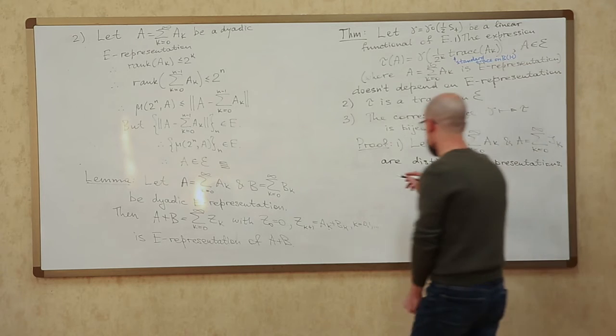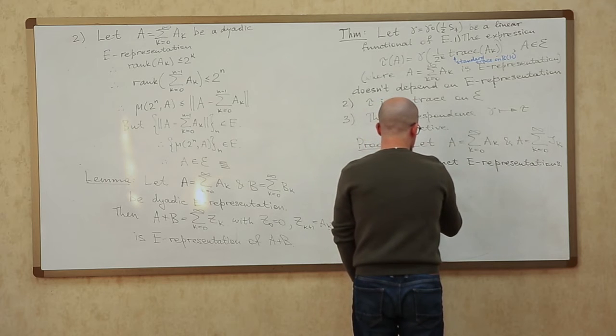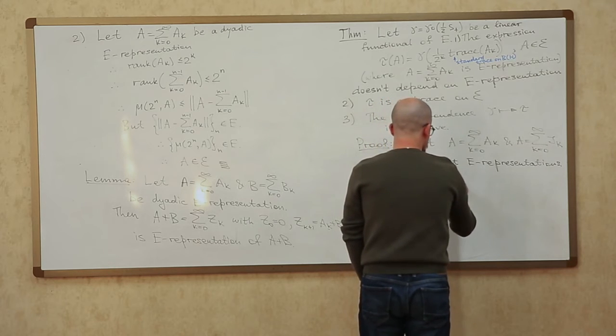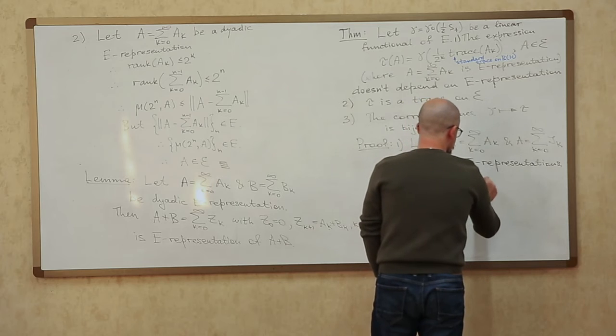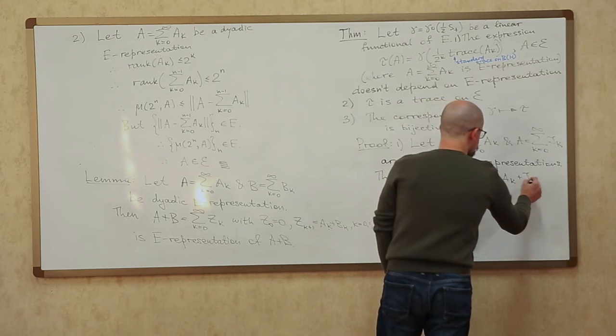Then set Z_0 to be the zero operator and Z_{k+1} to be A_k minus J_k.